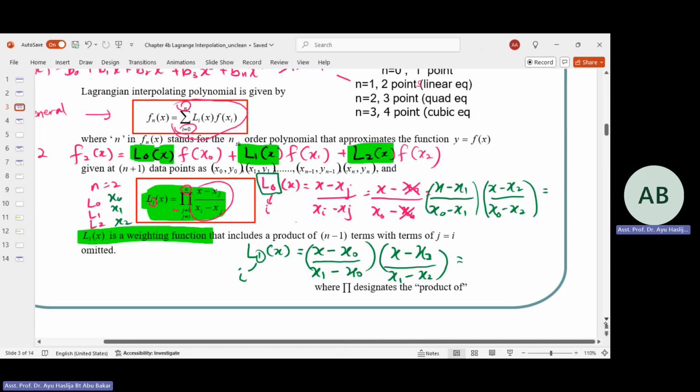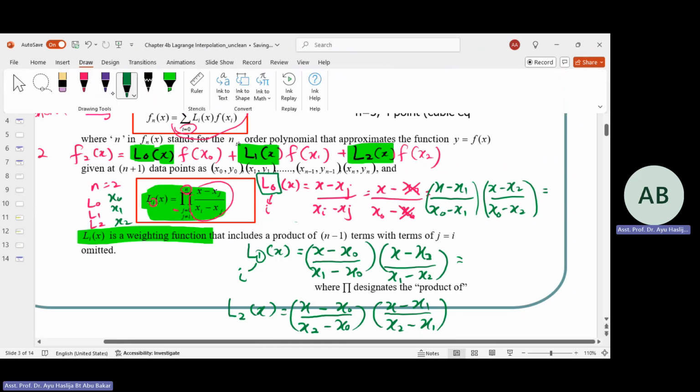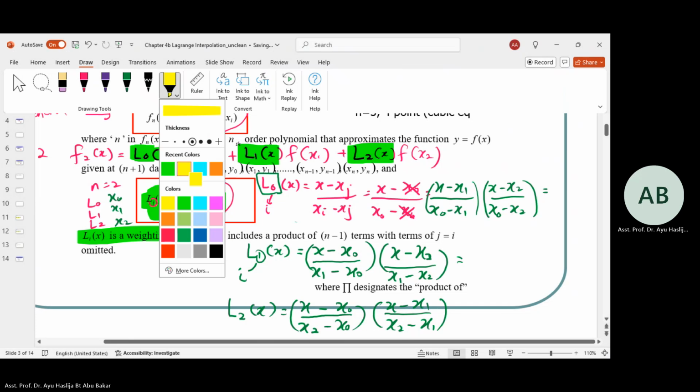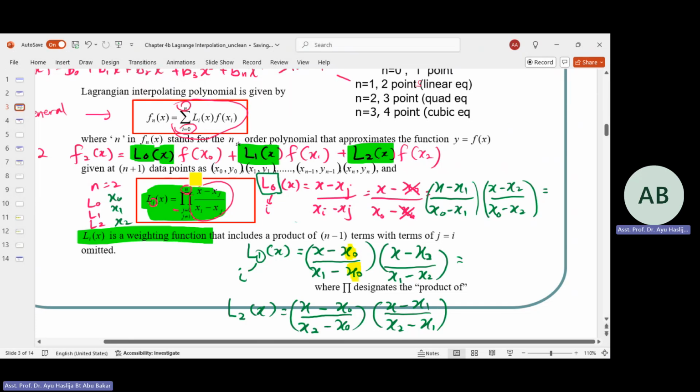For L2, we have until L2. So L2(x): x minus x0, j must start from 0 but j cannot be the same as i, so here is x2 minus x0. Then x minus x1 over x2 minus x1. Take note, this part should be the same.